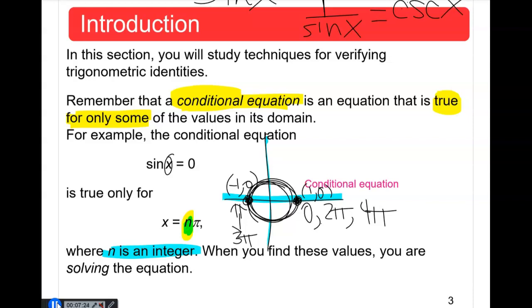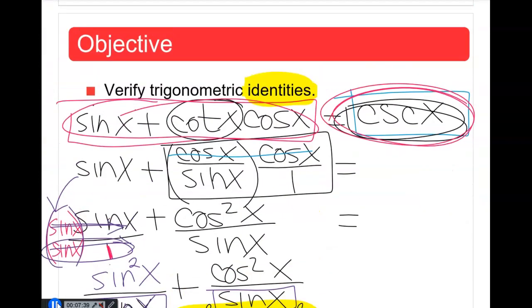And so that is when the conditional equation is true. So this is the conditional equation. Now, the one that we did at the beginning, that is not a conditional equation, that is an identity, because we were saying that it will be true for all values, not only for certain multiples of pi.